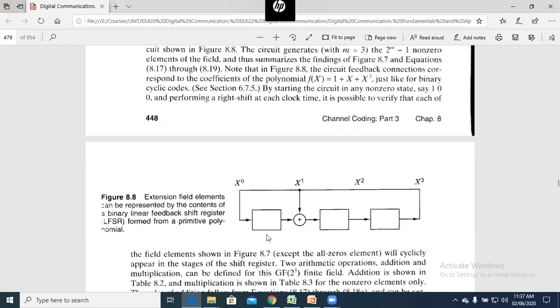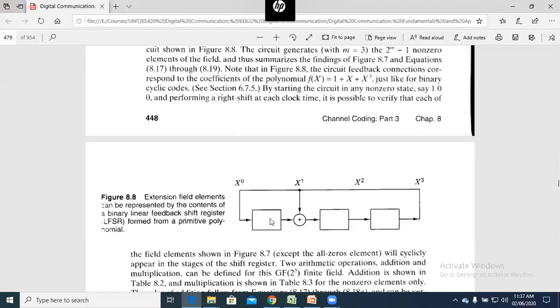So in that case, we start with the value of 1, 0, 0. We will not start with the value of 0, 0, 0, because it is in a cyclic manner and it will remain 0, 0, 0.